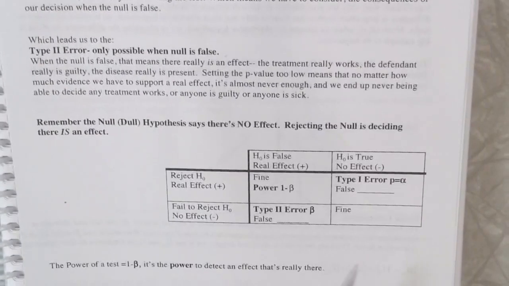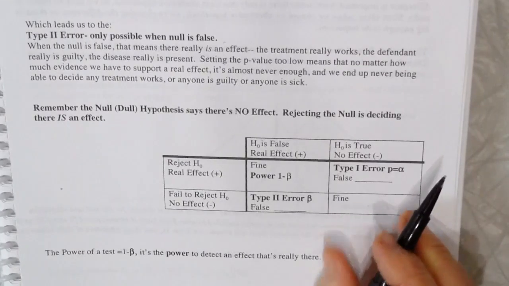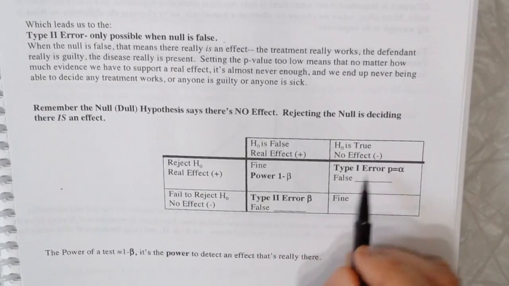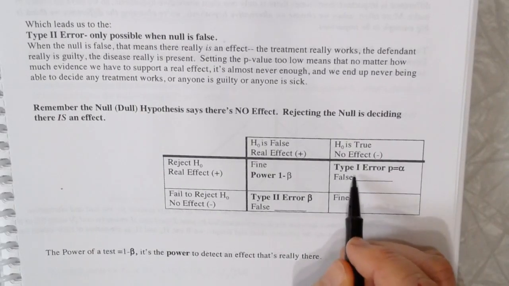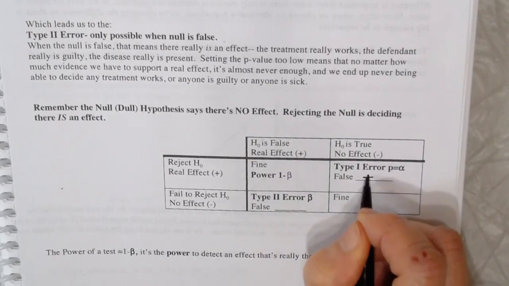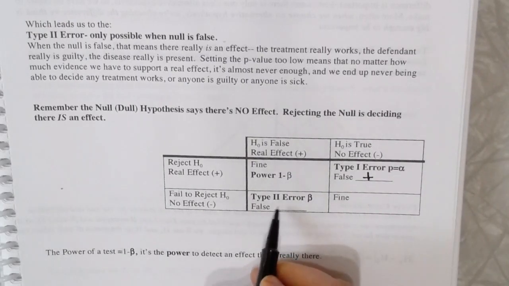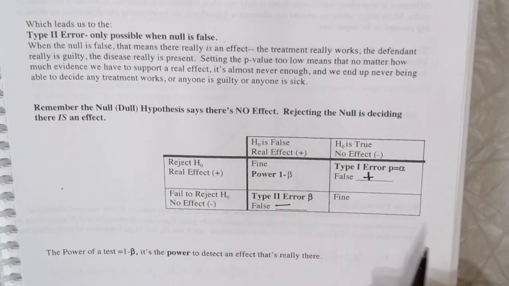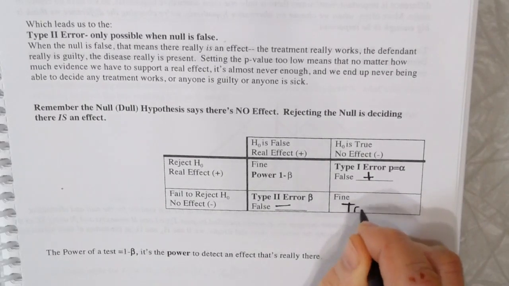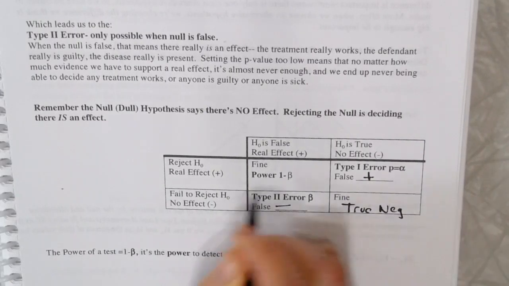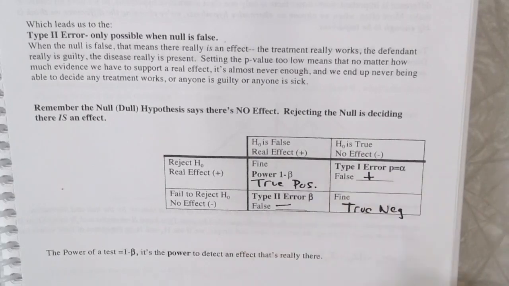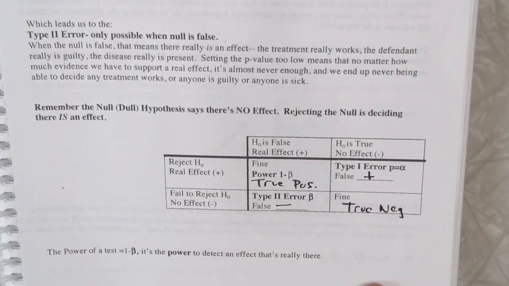And I think, let's just fill out this chart here, that here, the type 1 error is a false positive, right here, and the type 2 error is a false negative. And this is a true negative, right? And this is a true positive. So that's the idea, and that's it.